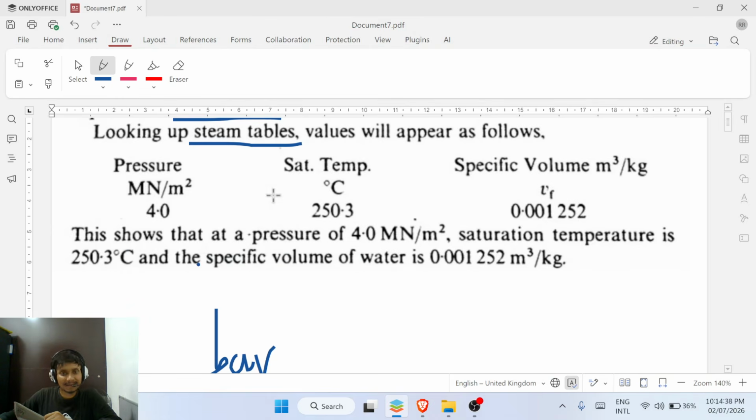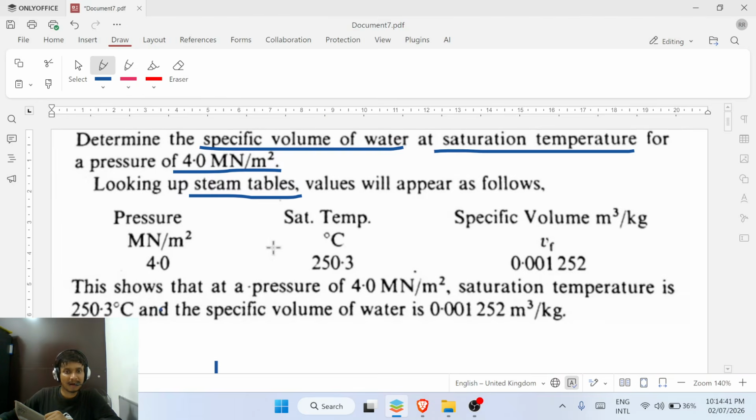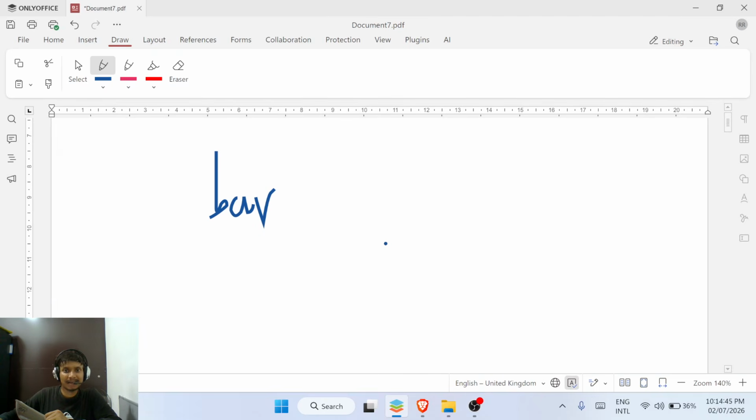Sir discussed what a bar is and how to convert Newton meter minus 2 or Pascal to bar. That is the main aspect we discussed in the last lecture.